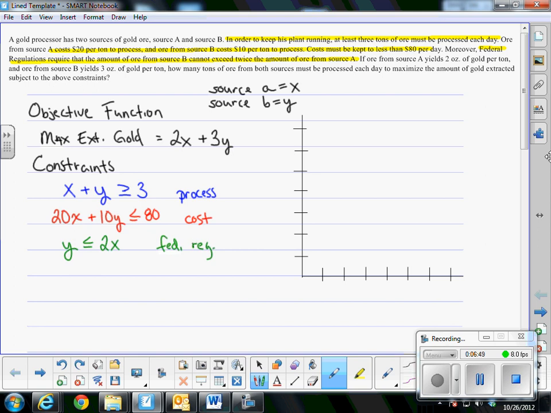Right. And now the things that we usually don't graph are the non-negative constraints, which are just going to say, you know, x has to be greater than or equal to 0, and y has to be greater than or equal to 0. And what that does is say, well, then I can't dig up -3 tons of source A and -15 tons of source Y to maximize my profit.